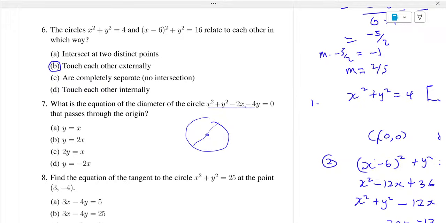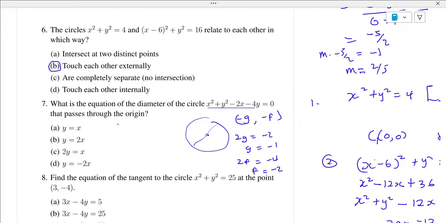To find the center, we know that it is negative g, negative f. In our case, what is our g and what is our f? We have 2g equal to negative 2, so g is equal to negative 1. And 2f is equal to negative 4, so f is equal to negative 2.